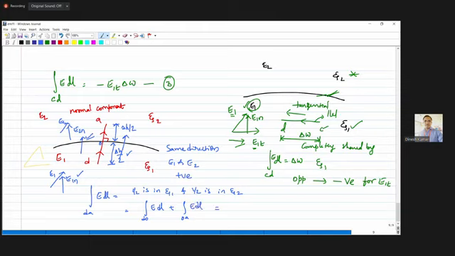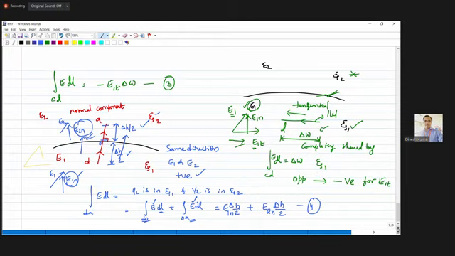So this is equal to integral D to 0 of dl, the value is delta H by 2. And what about the E component? The E component is E1n. So therefore, E1n delta H by 2. The component is positive, so no problem. And next, coming to integral 0 to A, the value is delta H by 2, so plus delta H by 2, and the value of E in this medium is E2n. So this is our equation 4.